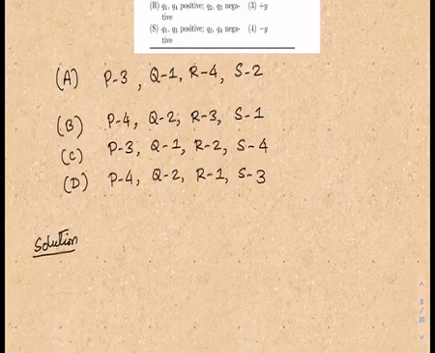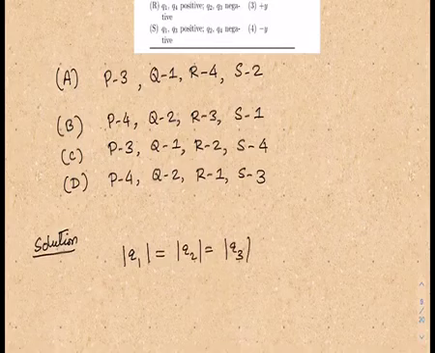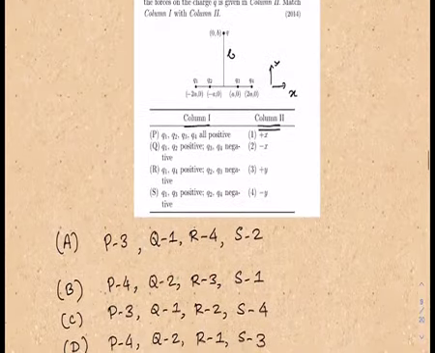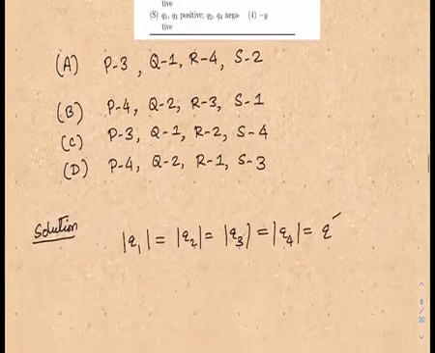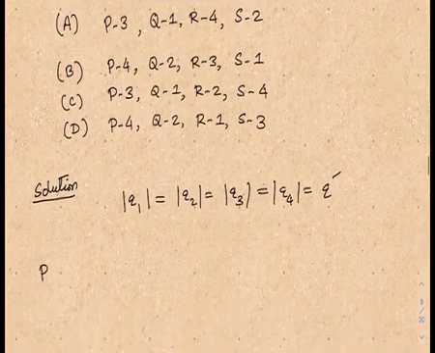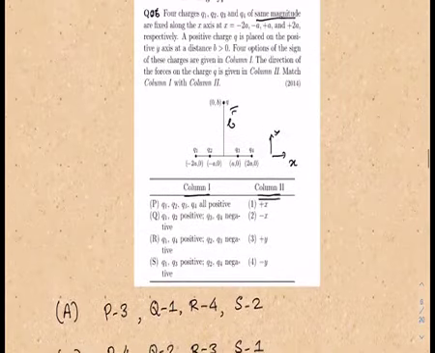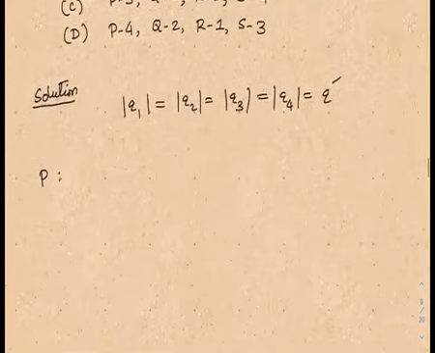You can do it. So first of all, magnitudes are equal. So Q1, Q2, Q3, all of them are equal in magnitude. Let me say that is equal to Q, actually not, because Q is already used there, so let me write Q dash. So let me go point by point here. In the first case, all of them are at point P. In column 1, P says Q1, Q2, Q all positive.